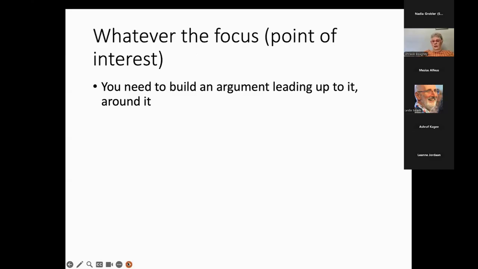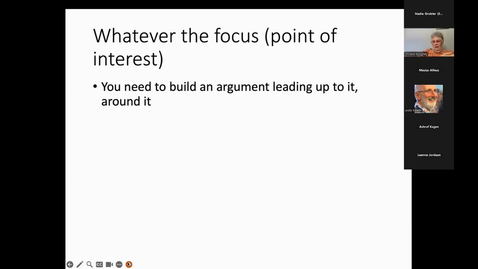Whatever you choose to focus on in the article, you need to build an argument leading up to it. So that's hard work. So you're asking yourself, why? Why is this, whatever I'm writing about, why is this interesting?